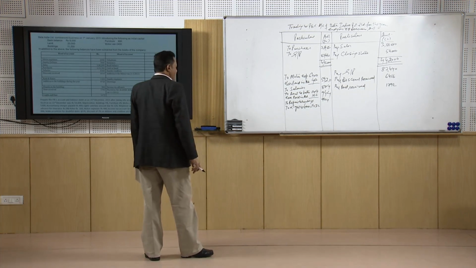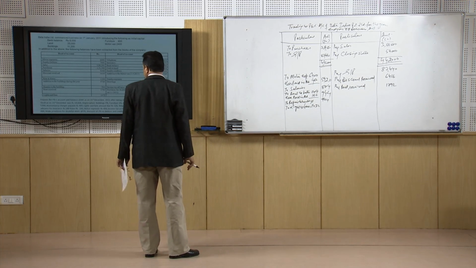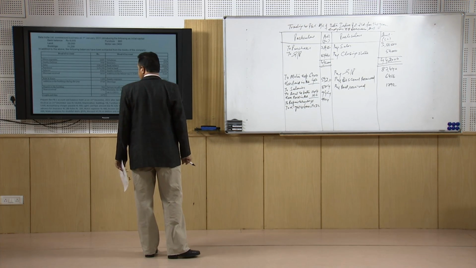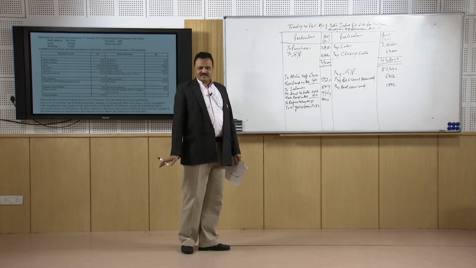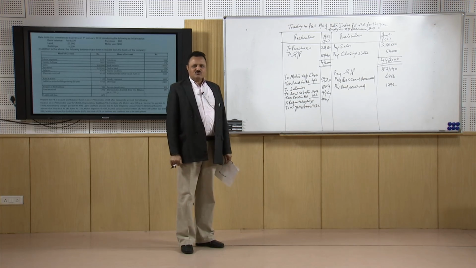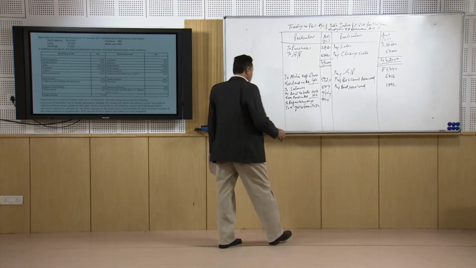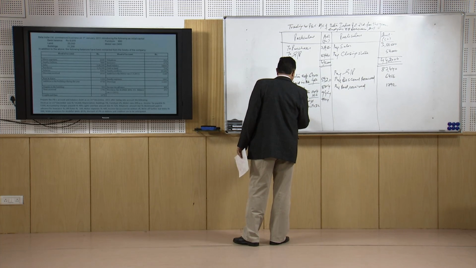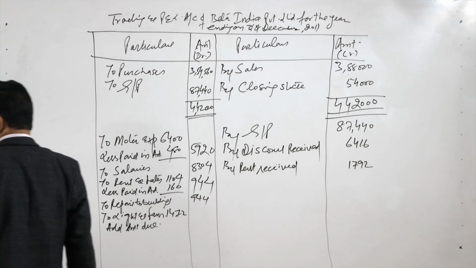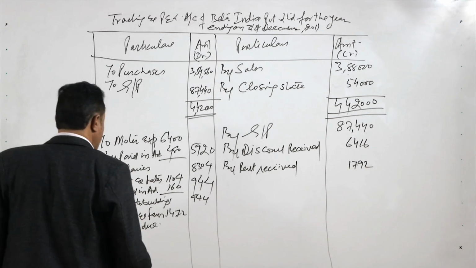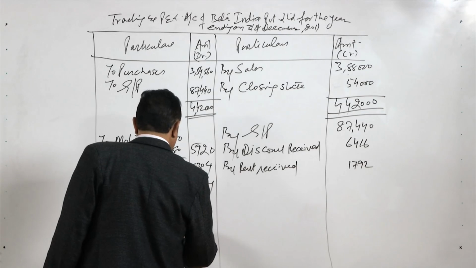So, light and fan is 1472, and then it is some adjustment. Light and fans amount due, means it is due but has not been paid. So, it is outstanding and we will have to pay for it. So, add amount due or outstanding which is not paid, and light and fans amount is 320.